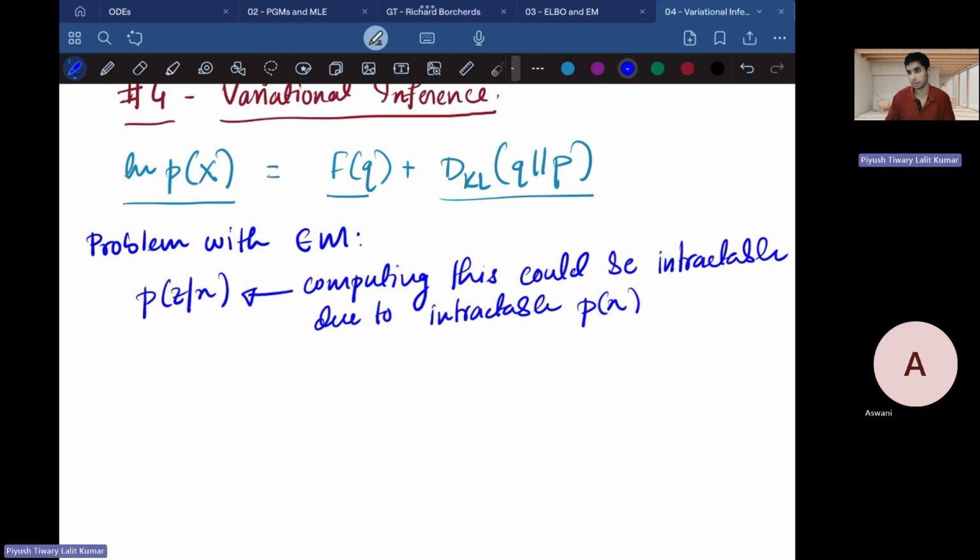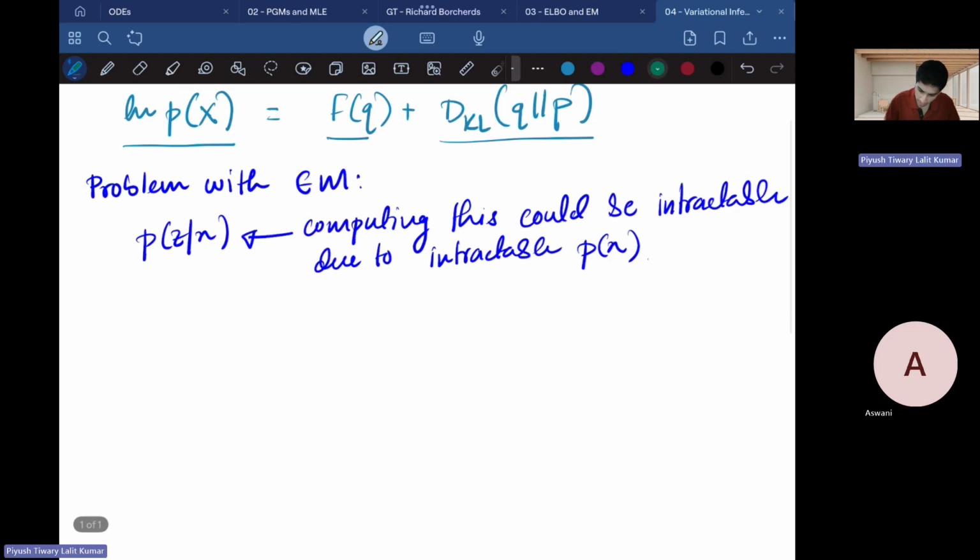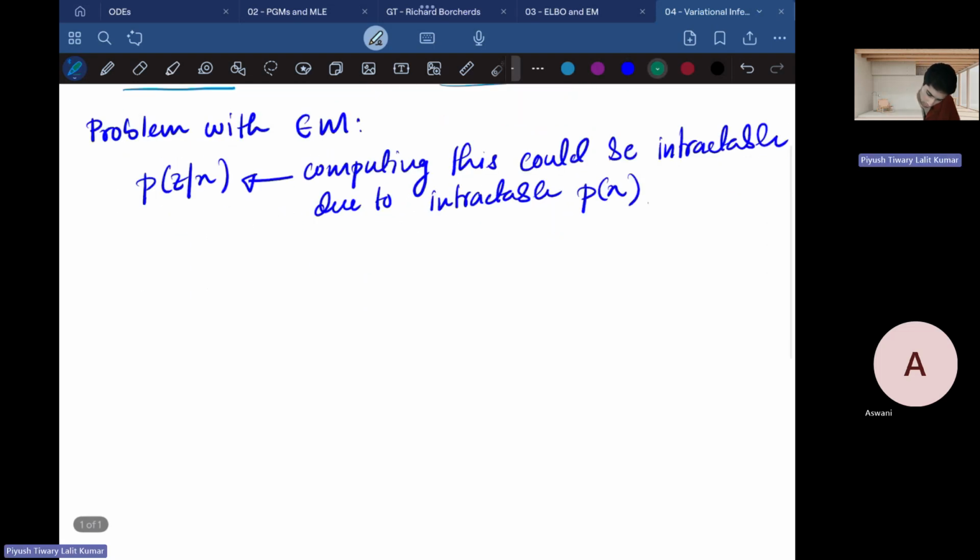This was the main problem with the EM algorithm, and the solution to this problem is something called variational inference.